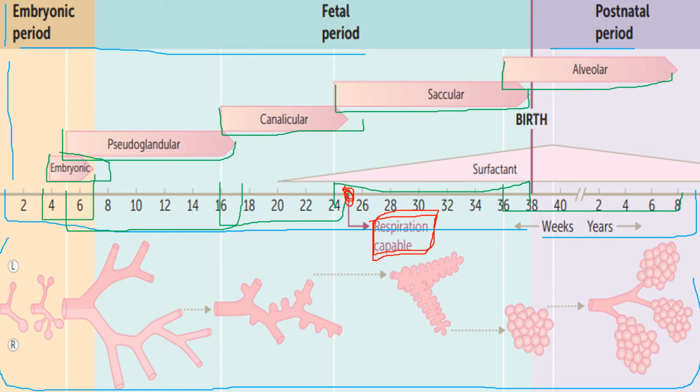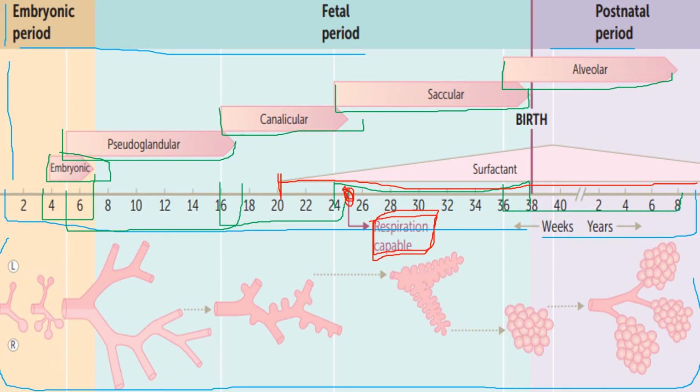So here is one more important point I would like to mention. From week 20 of uterine life, the surfactant development starts from week 20 up to the 8 or 9 years of birth. Got it?